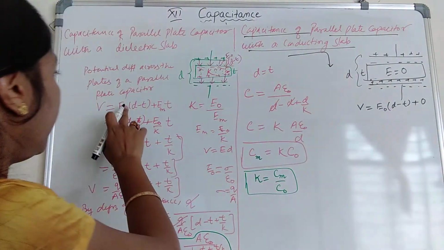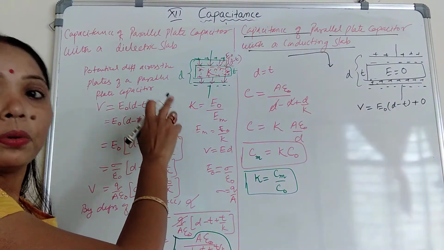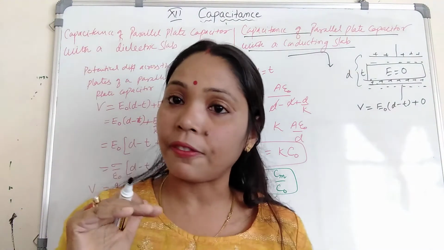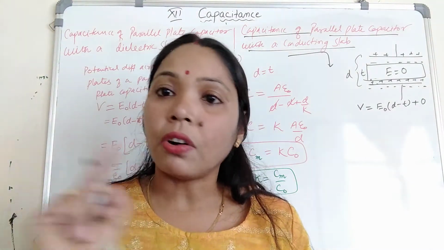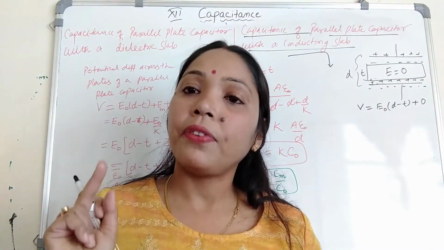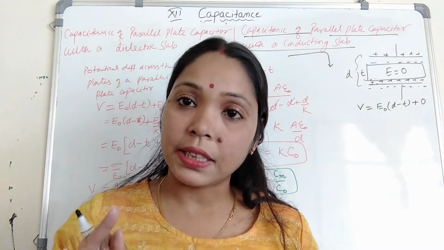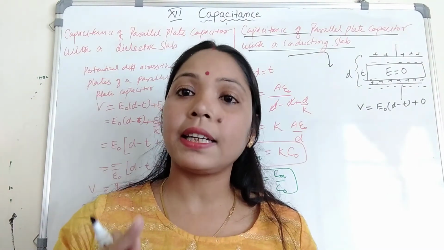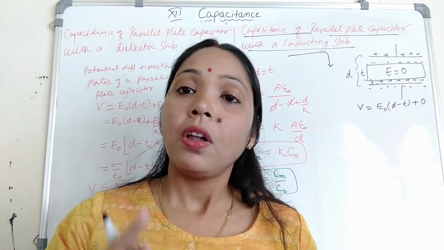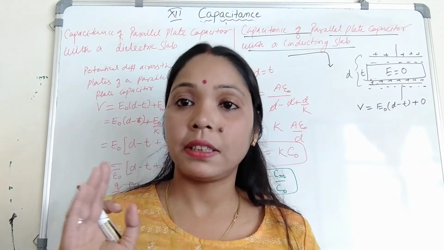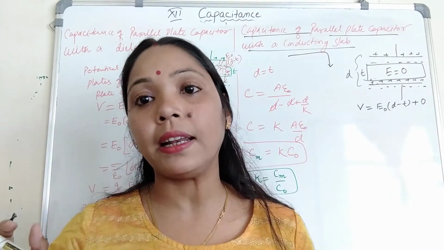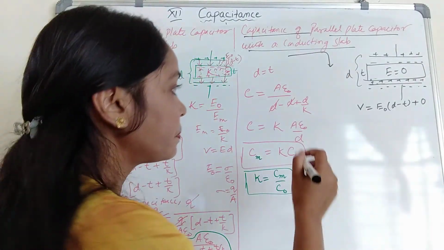In the dielectric case it would be E naught (d minus t) plus E_m into t, because inside the dielectric the electric field is not 0. There the electric field comes due to the polarization.